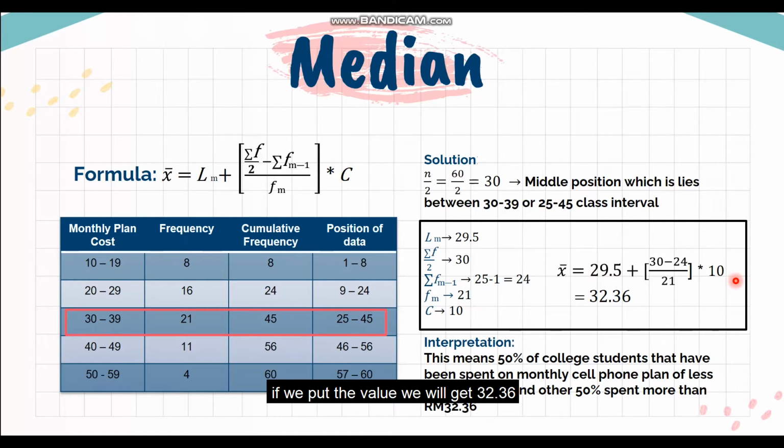We put in the values and get 32.36. In conclusion, 50% of college students spend less than 32 ringgit 36 cents on a monthly cell phone plan, and the other 50% spend more than 32 ringgit and 36 cents.